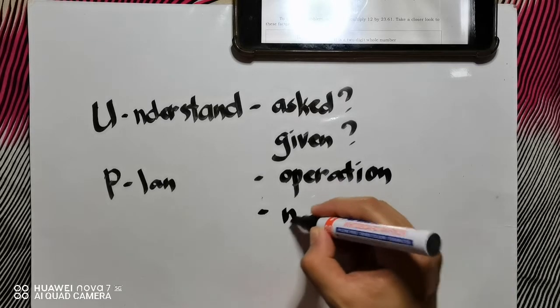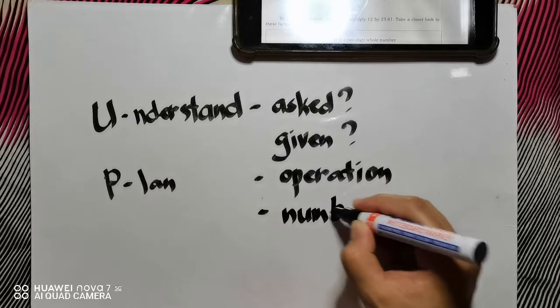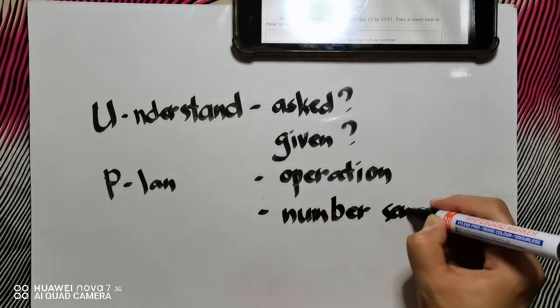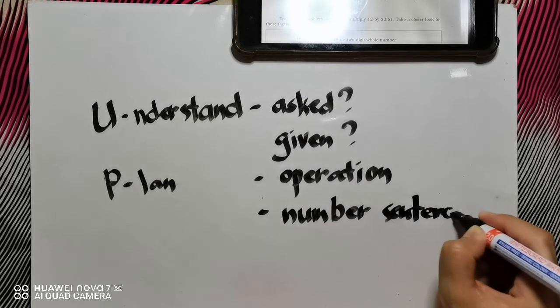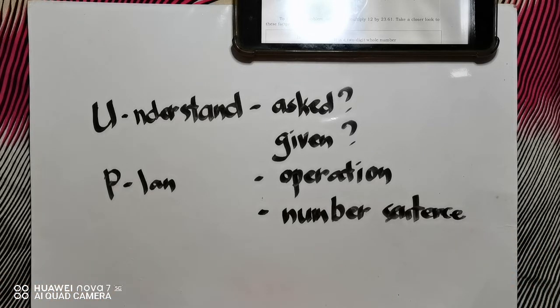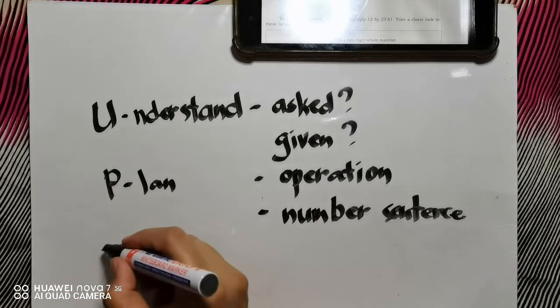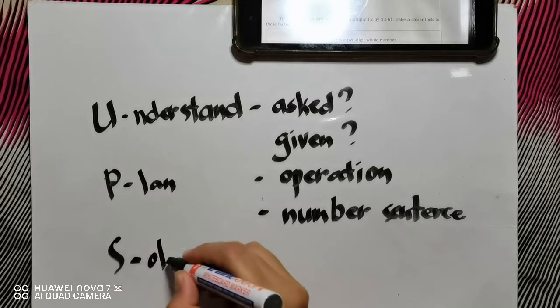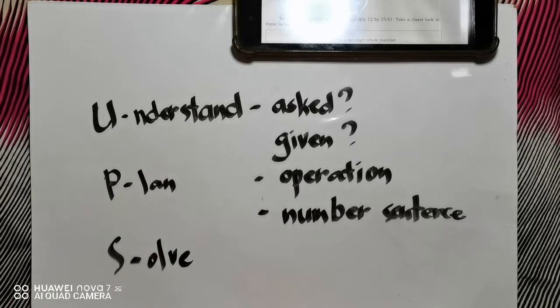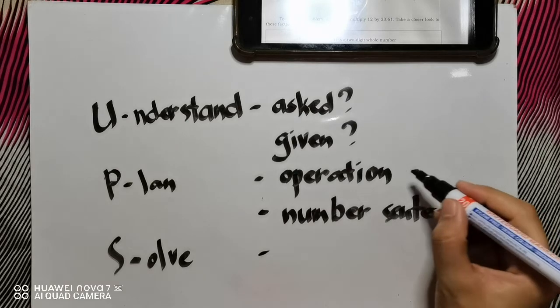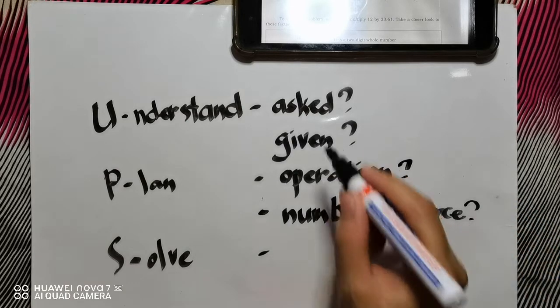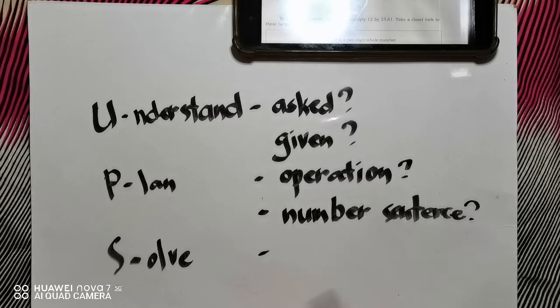And you have to know the number sentence. Ito din yung lesson noong nakaraang linggo. That is answering word problems. And then, syempre, yung S, that means solve. Solving for the answer. So, you need to know what is asked, what is given, the operation, and the number sentence.